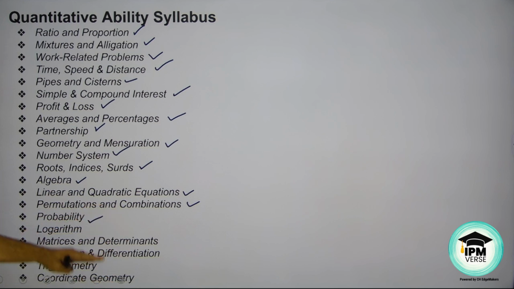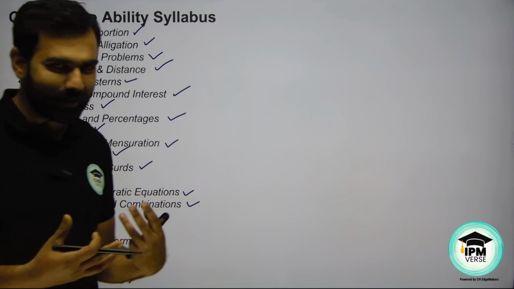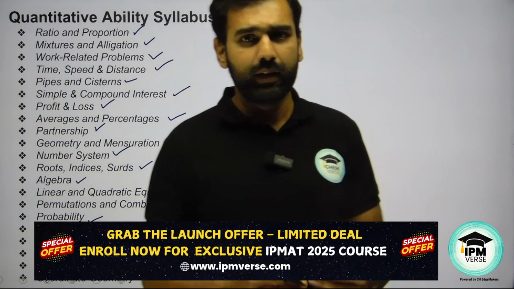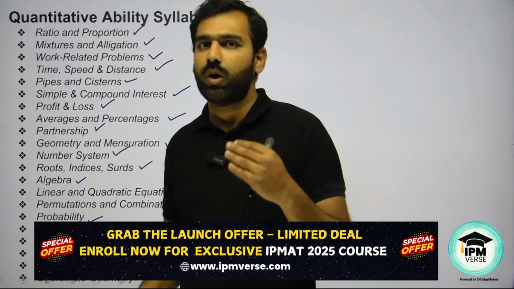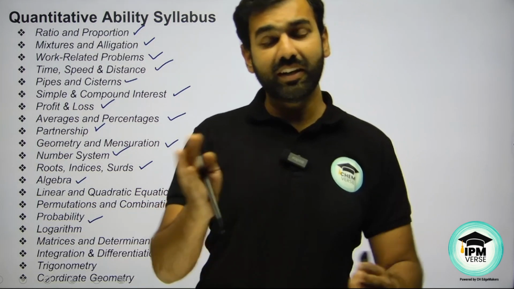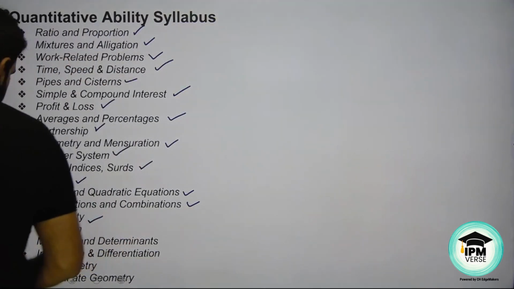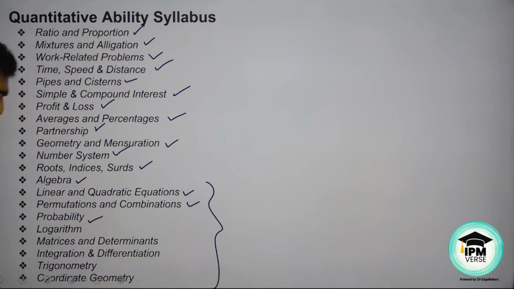Now this is something which we treat as modern maths, although it is not really modern maths, but in the context of IPMAT it is called the higher maths or modern maths, which you study in 11th and 12th standard. Majorly this chunk of topics is covered from the 11th and 12th standard mathematics.